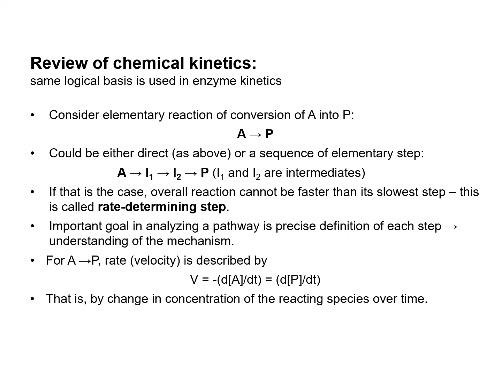So for the reaction A to P, the rate or velocity is described by V, the velocity or rate, equals minus the differential of the concentration of A, or the differential of the concentration of P, and that is the change in concentration of the reacting species over unit time.